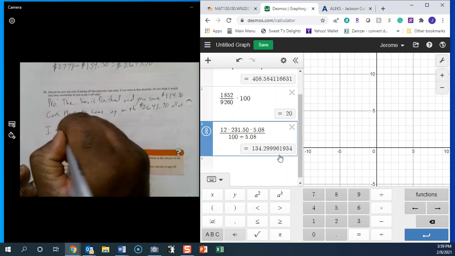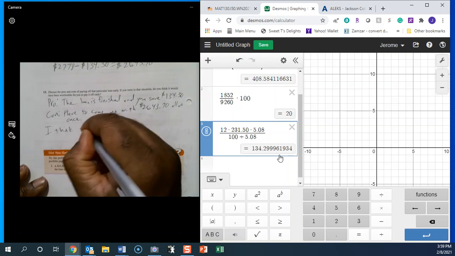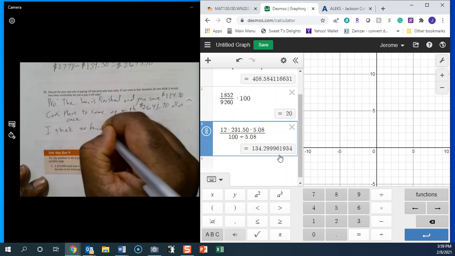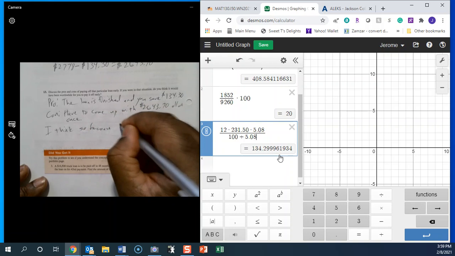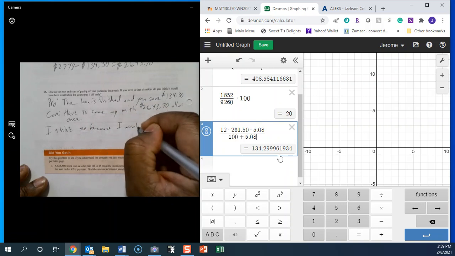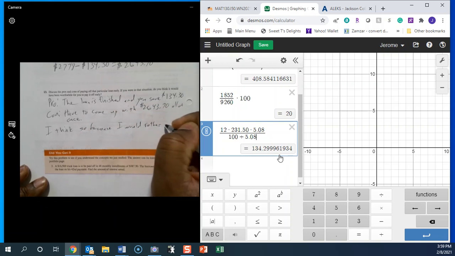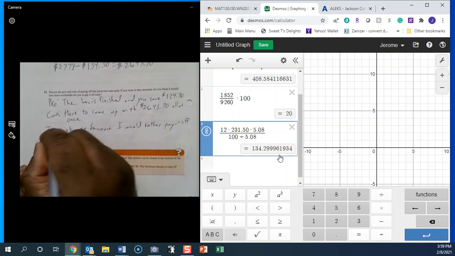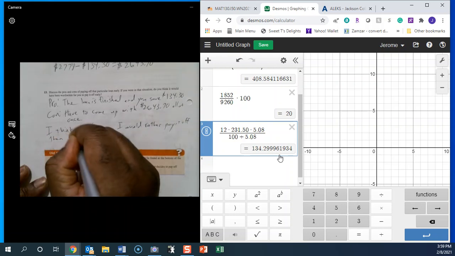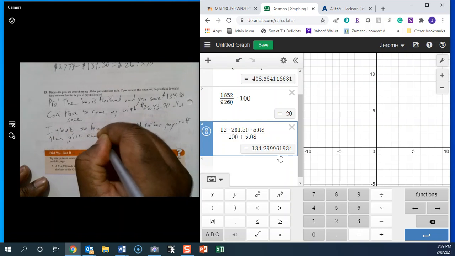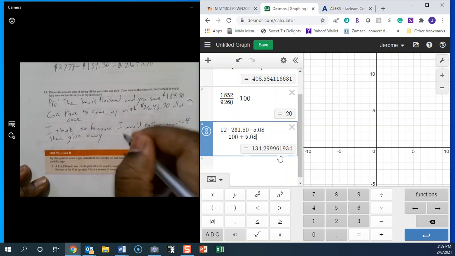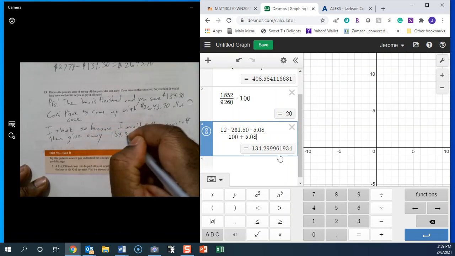I think so, because I would rather pay it off than give away $134.30.